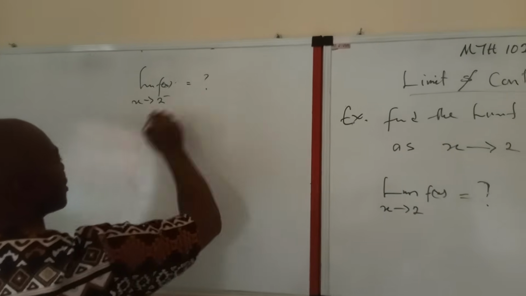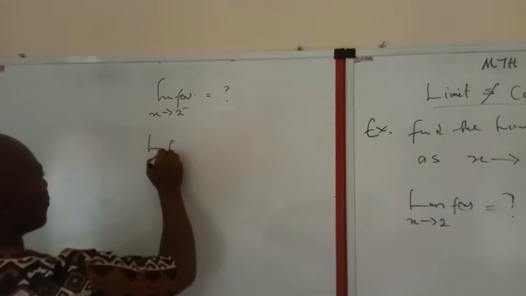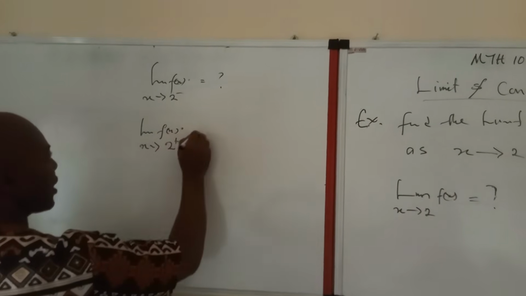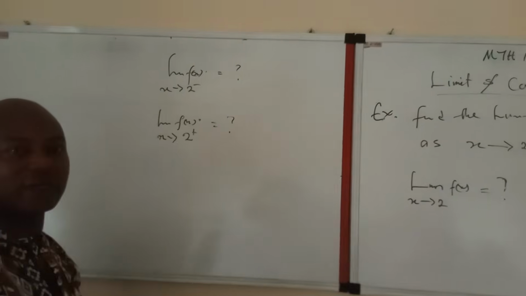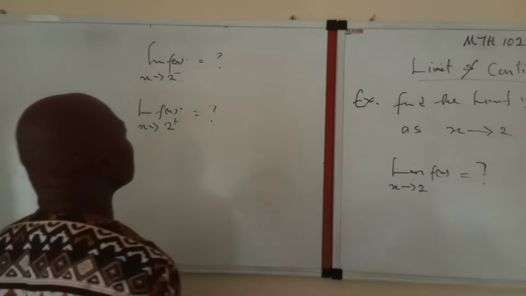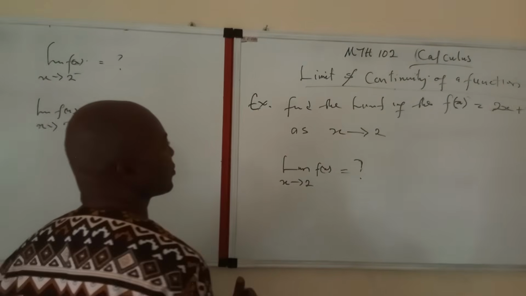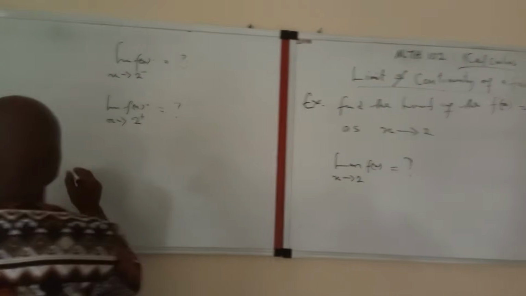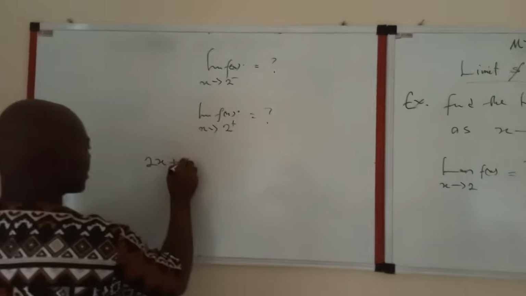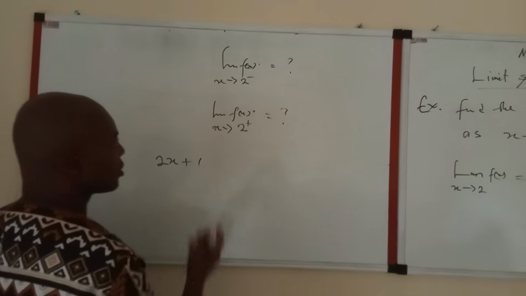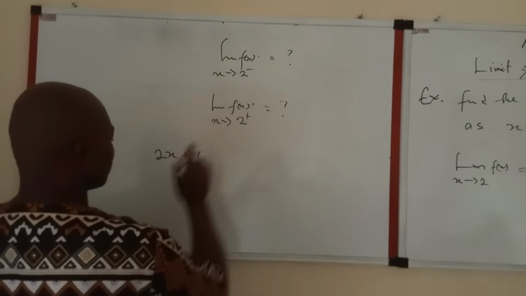And what is the limit of the function as x tends to 2 from the right? That is our interest. That's the neighborhood. Now, what's the function? The function is 2x plus 1. What are the values on the left as it tends to 2?